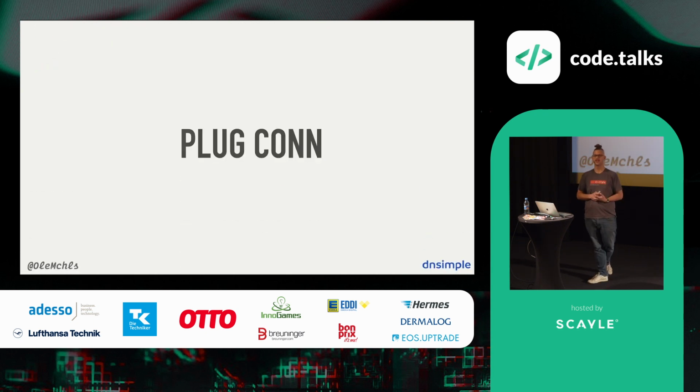Let's take a look at the Plug connection. This is the one base thing of Plug. This is really where all the magic happens. It's a simple struct with 27 different fields, and it has a massive 134 lines of documentation. So it's really extensively documented, and that's really cool because there's a lot of stuff to learn.